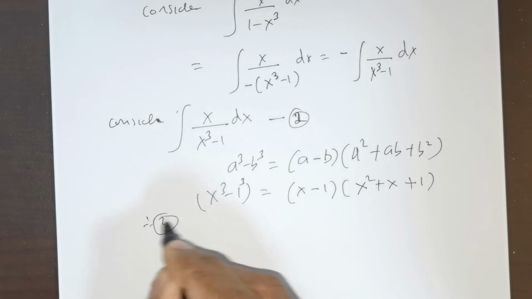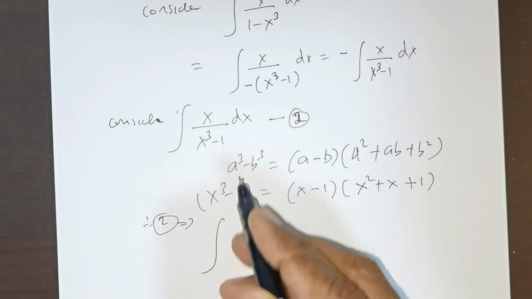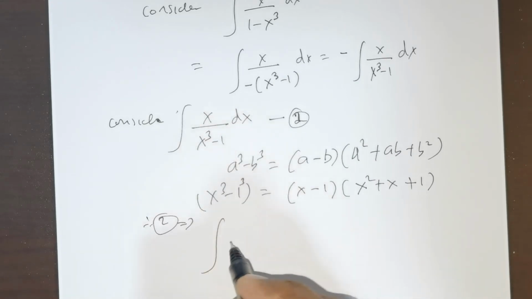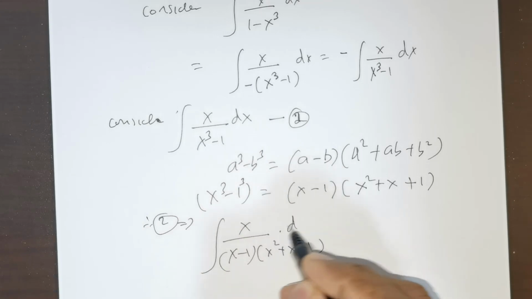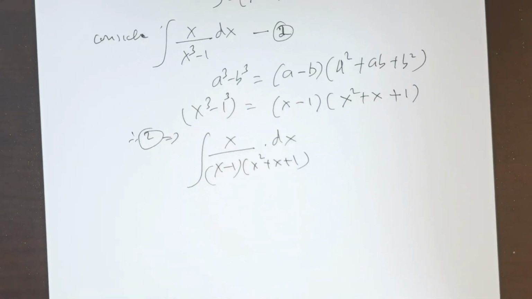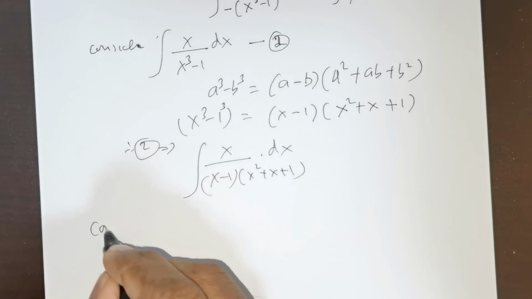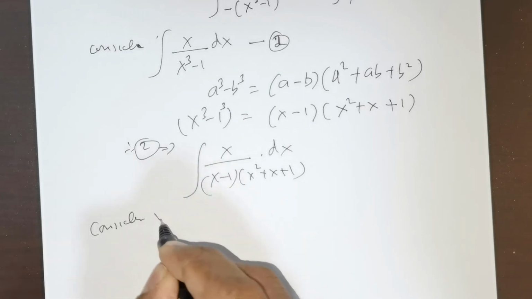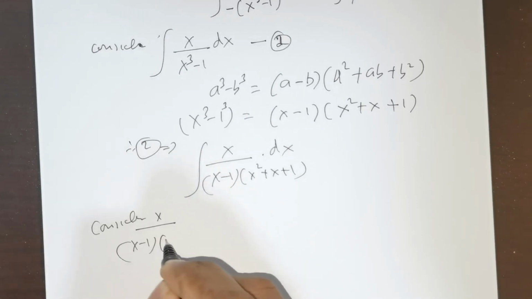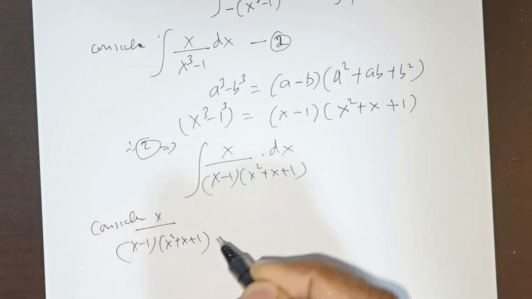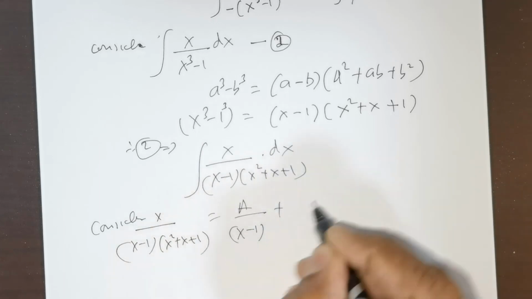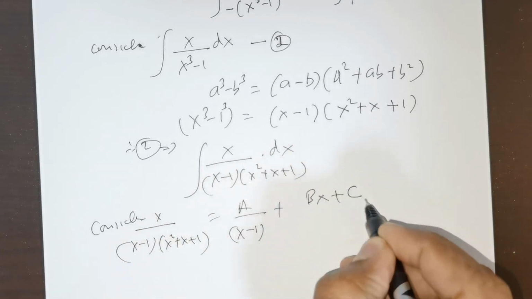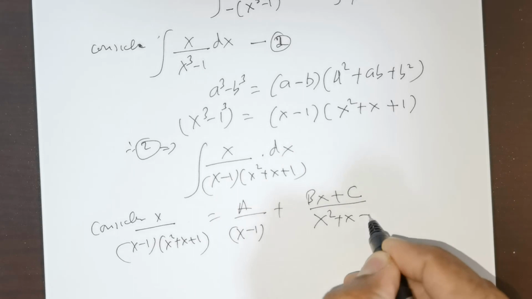So therefore, I can rewrite this, in place of x cubed minus 1, as (x minus 1) times (x squared plus x plus 1). The numerator has an x, and that is multiplied with dx. Now let me consider x over (x minus 1) times (x squared plus x plus 1). I'm going to utilize partial fractions. So A over x minus 1, and since the degree is 2, this is rewritten as bx plus c divided by x squared plus x plus 1.